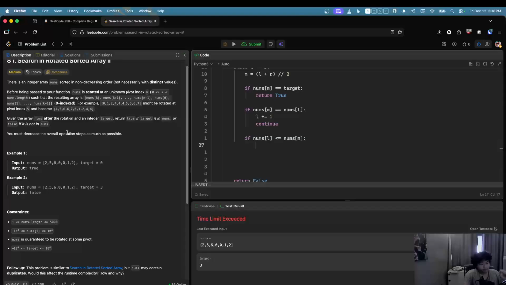Okay, so yeah, that means you're on the right side of the pivot. Or left side? What am I saying here?